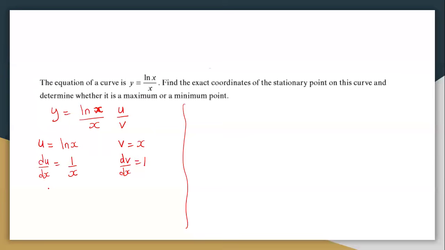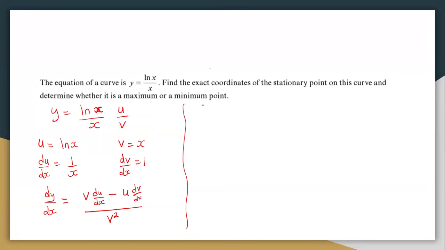Okay. We can apply the quotient rule, that dy dx is equal to v du dx minus u dv dx over v squared.